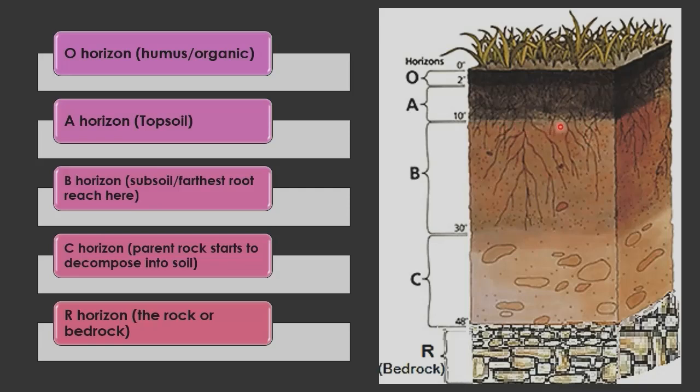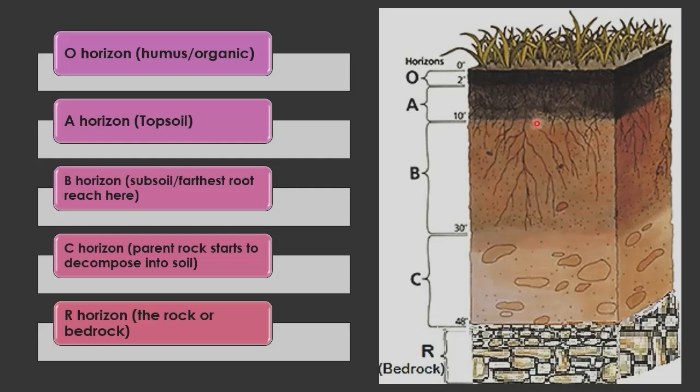So the color of that horizon is no longer black but rather grayish, because, as I have said, it is already lacking in organic matter, the decomposed organic matter. All right, so typically this horizon is the balance of all three elements that comprise a soil.